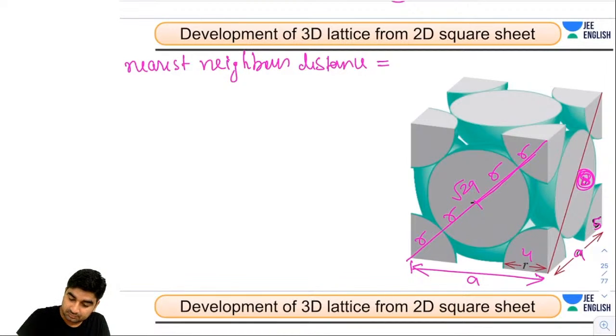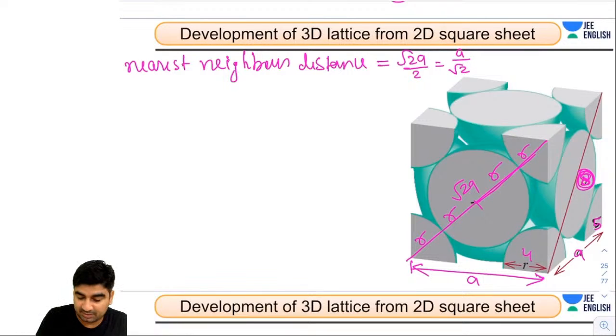Actually, this distance is called the nearest neighbor distance, and it is equal to r plus r, 2r. So guys, it would be root 2 a by 2, so a by root 2.